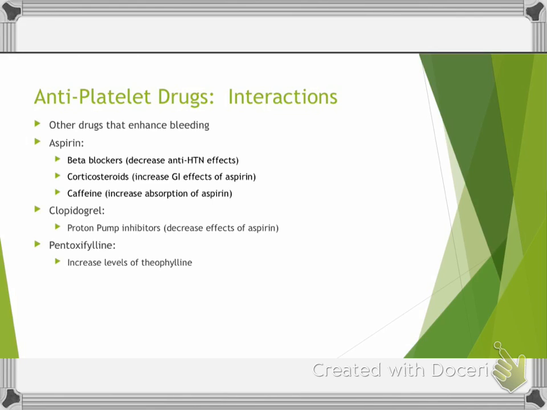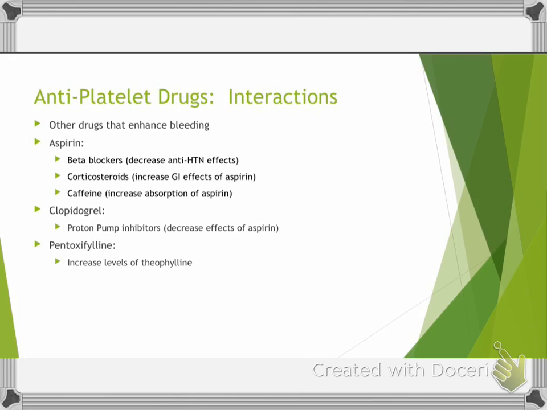So interactions, any other drugs that enhance bleeding, for instance, warfarin, NSAIDs, heparin, thrombolytics, antiplatelet drugs, those are going to have interactions. It's going to increase the effects. Aspirin specifically, beta blockers: it's going to decrease the antihypertensive effects of beta blockers, so we want to monitor the blood pressure.